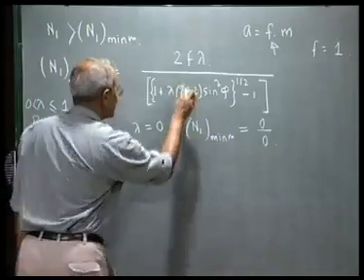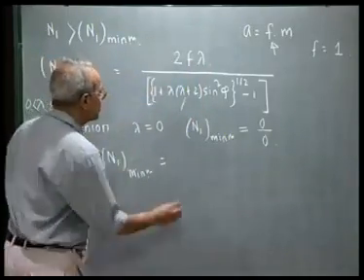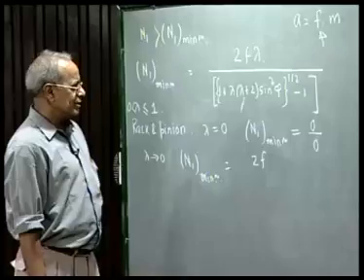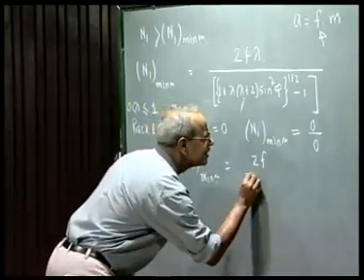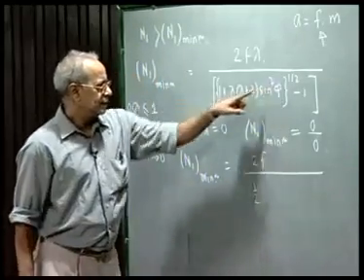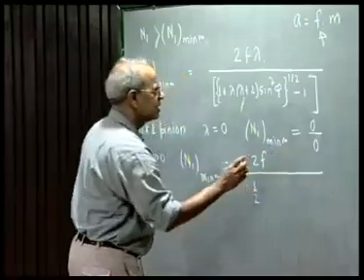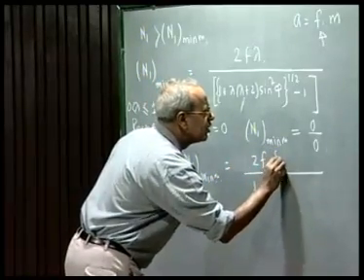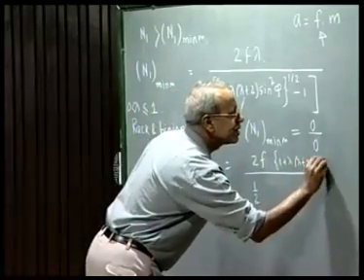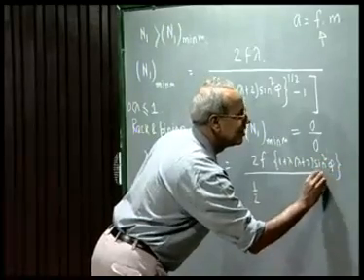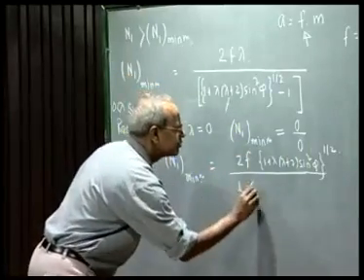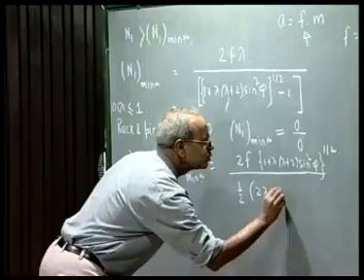So, that way if I take the derivative of this with respect to lambda, on the numerator I am getting 2f, and the denominator if I differentiate with respect to lambda, I get half, then this goes at the top, 1 plus lambda into lambda plus 2 sine squared phi to the power half, and here I am getting 2 lambda plus 2.